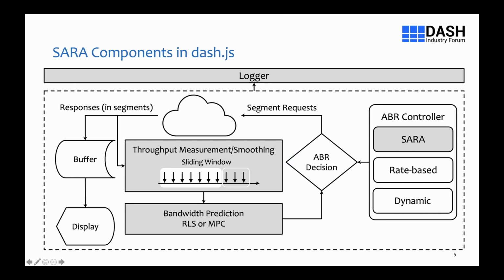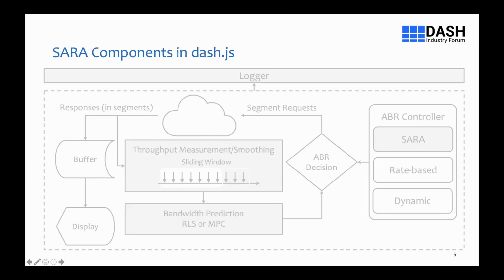But not only that, we also upgraded the throughput measurement and smoothing functions for dash.js, as well as added a bandwidth prediction component, which I'm going to talk about shortly. So dash.js has basic functionality for throughput measurement and smoothing, but doesn't have a prediction component. And with SARA, we also added that functionality, and all this is available as open source.